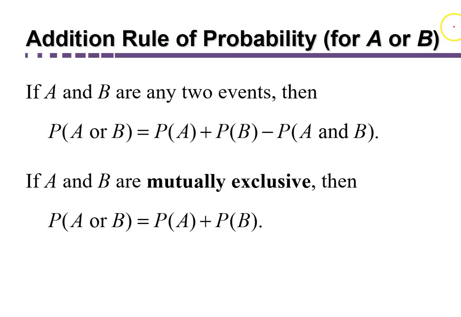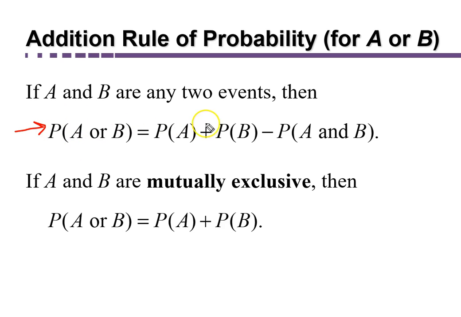So we now have a rule, and let's see, are these in your booklet? Yes. A little later on in your booklet you'll find this, so you want to be sure you understand what this rule refers to. Now, if A and B are two events, if they are not mutually exclusive, in order not to count something twice, you have to subtract those that intersect. That's what this one is showing.